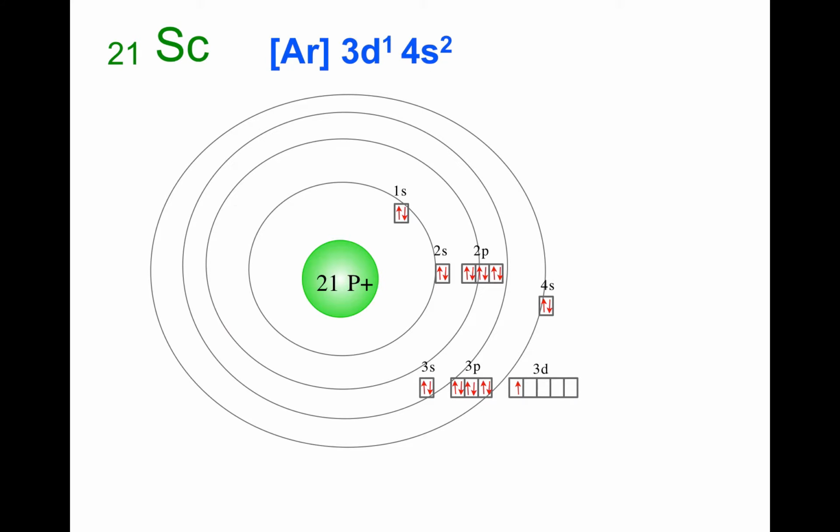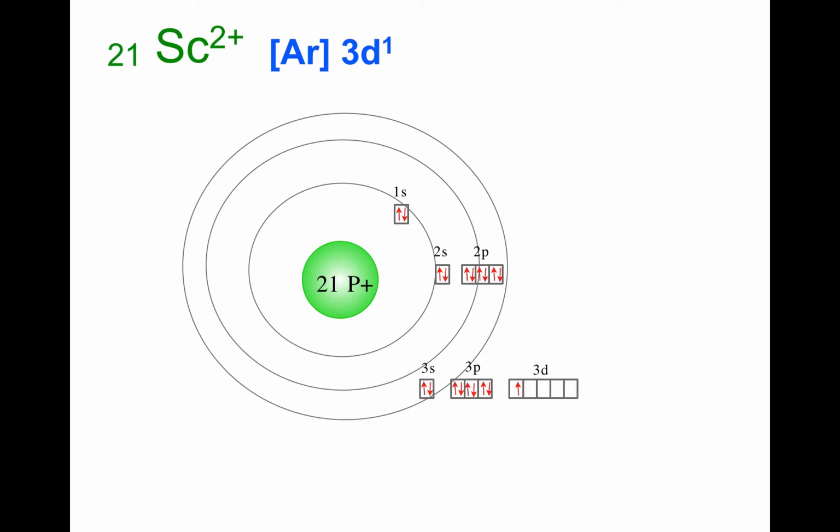So both have an argon core, but with scandium you remove the 4s electrons first, and then you dig that electron out of the 3d, and the next electron would have to start coming out of that argon core, which is much less shielded and a much higher ionization energy.